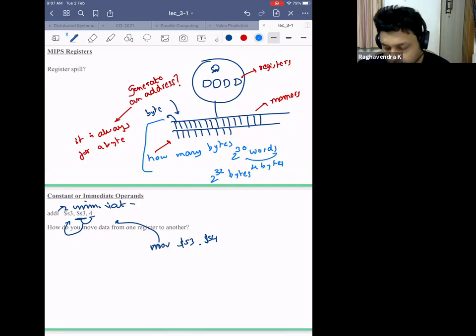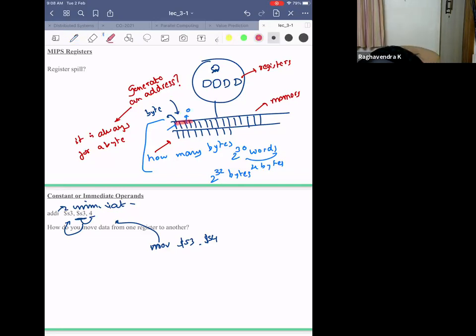Of course, I can read 4 bytes, but there is an address generation for each byte. Let's take this example, these 4 bytes. Even though they belong to the same word according to you, each has a different address. Address 0x0 is different from this address.